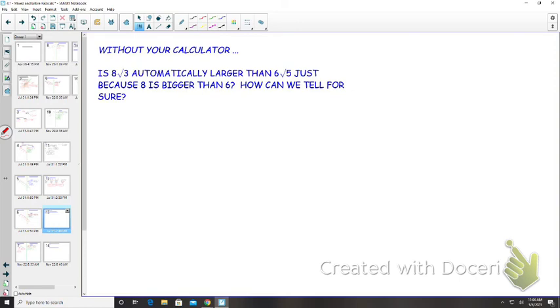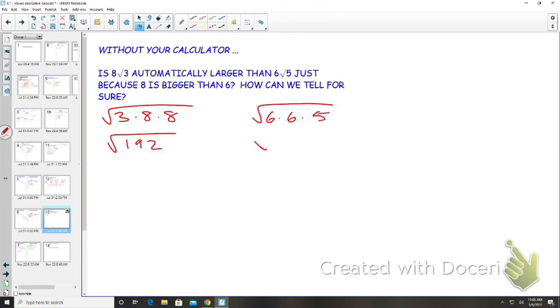They're awfully close to making the same number. So yeah, they are close, but how can we tell for sure? Well, you can just put it back into your terms. So if it's 8 root 3, it's 3 times 8 times 8, which gives us root 192. And if we go to 6 root 5, it's 6 times 6 times 5, which is root 180.